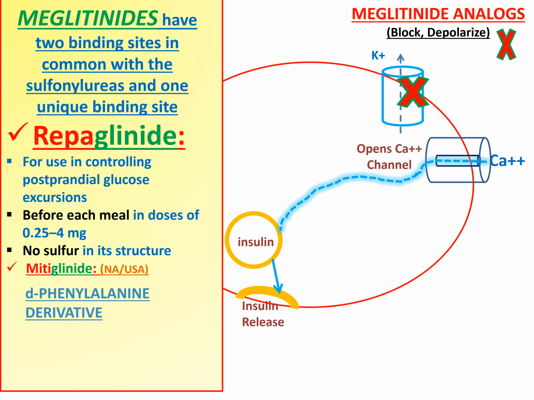And we have nateglinide. Now these medications, you can see, end with glinide, and they have less affinity for the receptors than sulfonylurea and dissociate faster from it.